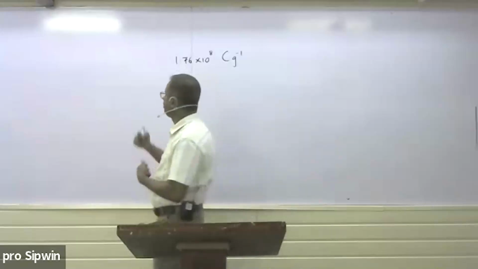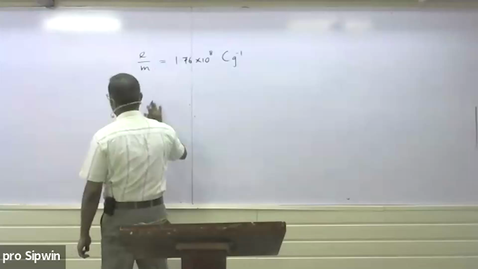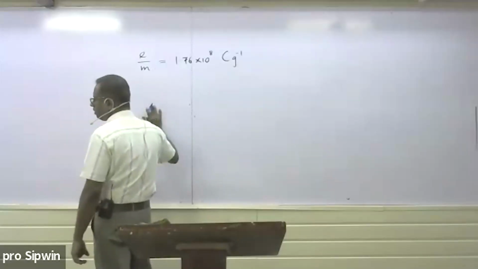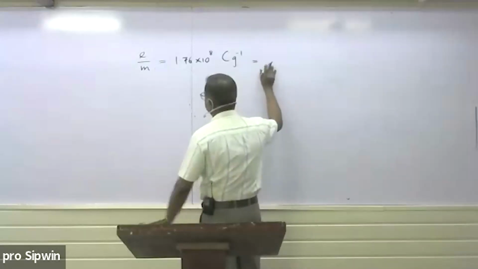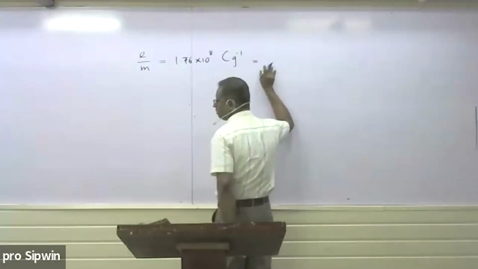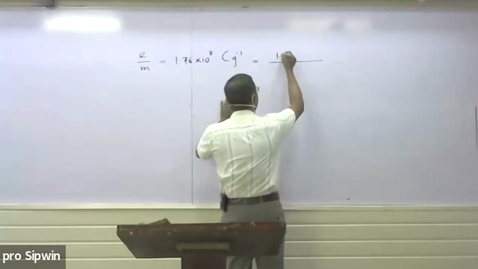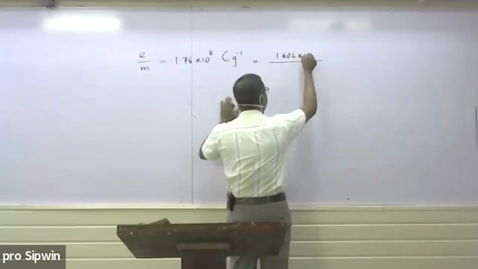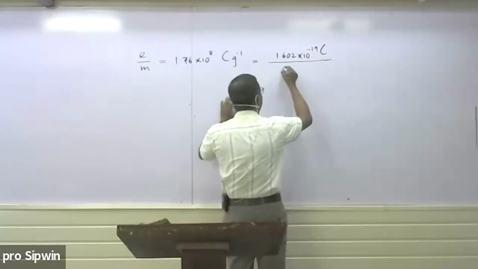Now the e/m value is this one, equal to charge over mass. Charge is 1.602 × 10 to the power minus 19 coulomb, right?